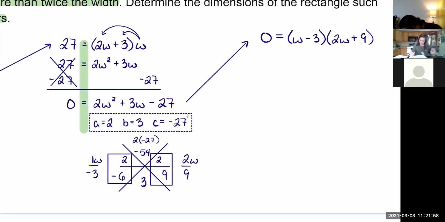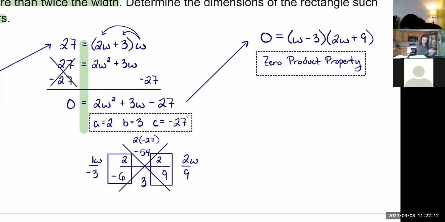We bring back our new friend from today, the zero product property. Which says that if you have a product of multiple things and that product is set equal to 0, then at least one of the parts of that product must equal 0 itself.